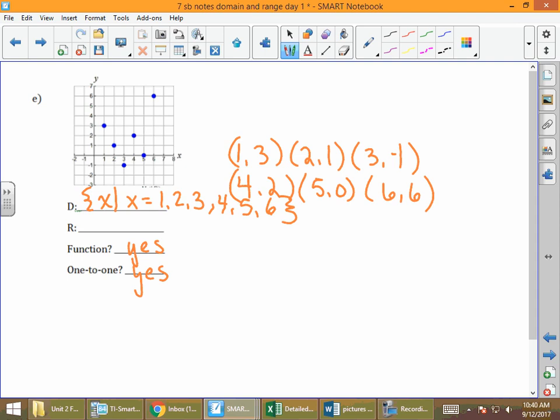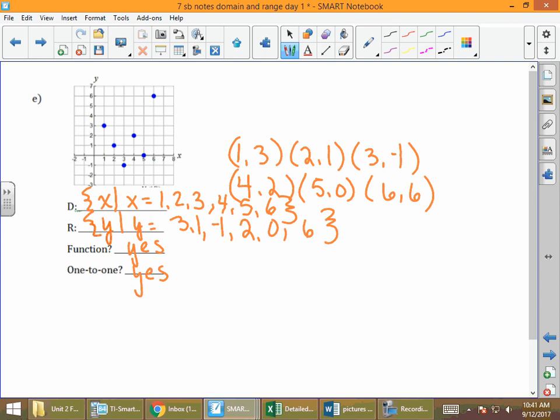The range are the set of y values. Again, squiggly bracket, y bar, for all values of y such that y equals, and then it's 3, 1, negative 1, 2, 0, 6. I am not picky about that order.